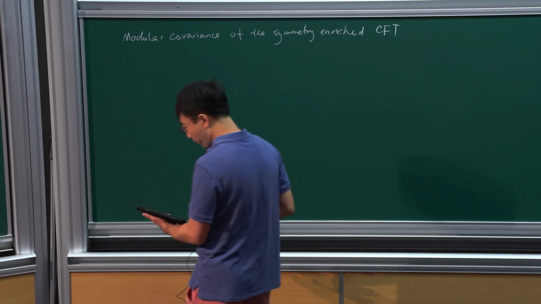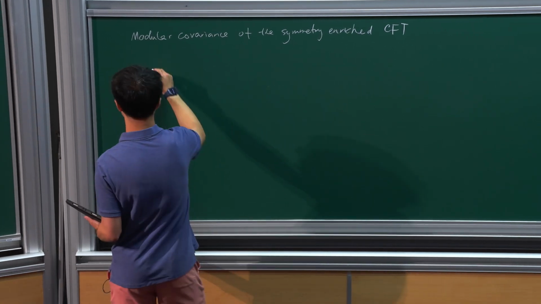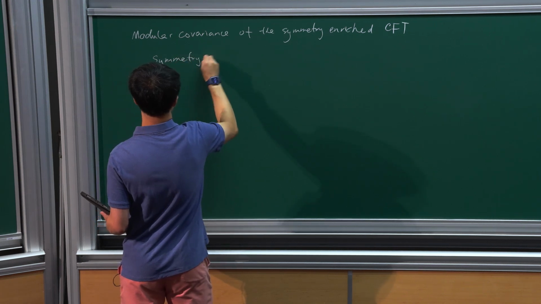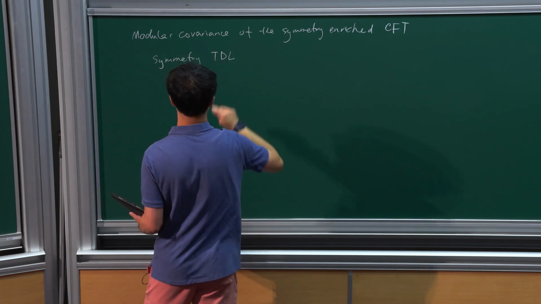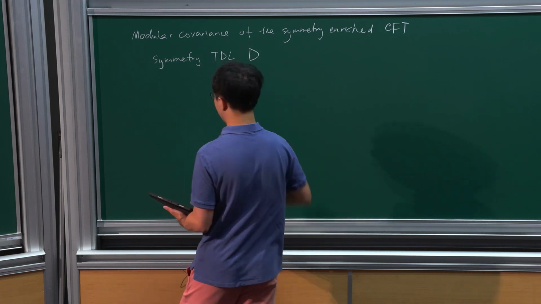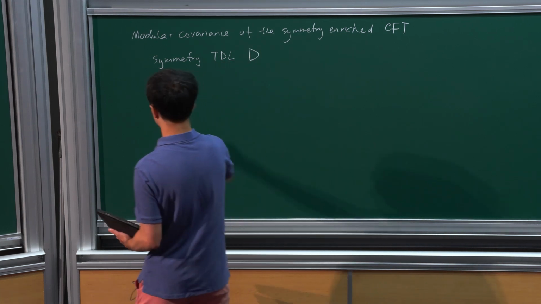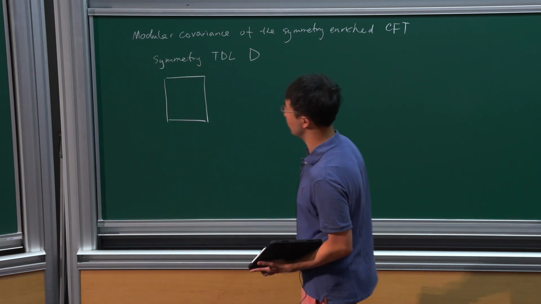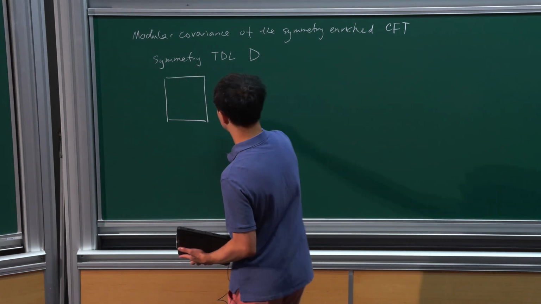So what we mean concretely is that suppose you have a symmetry described by a topological defect line, let's call it D. We can study the torus partition function. This is the torus partition function with a complex modulus tau.